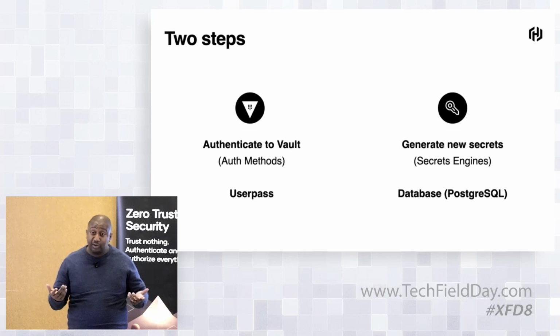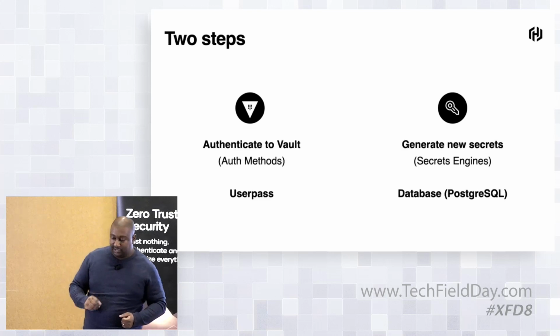If you're on Azure, for example, you could use the managed identities which are in Azure, and we can authenticate with that to get into Vault. I've decided to use userpass just because it made my life easier for demo purposes. And as we said, we're going to be authenticating to a database. So we're going to use the database secrets engine, and there are specific plugins for the database secrets engine. We're going to be using a Postgres one because our database is a Postgres database.